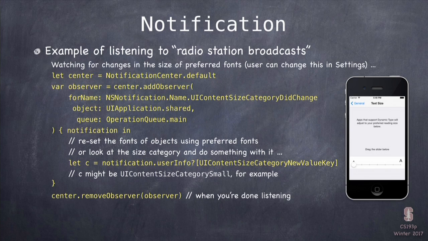But when an app finds out that this slider has changed, it locally broadcasts on this radio station, UIContentSizeCategory.didChange, because that slider actually has detent marks on there, and it's not just the point size of the font, it's small, medium, large, extra large, right? So that's as you slide that thing across.